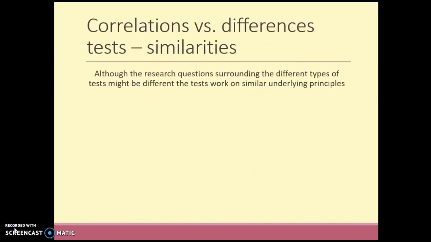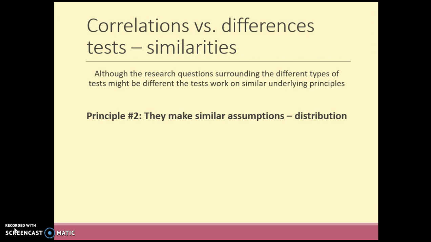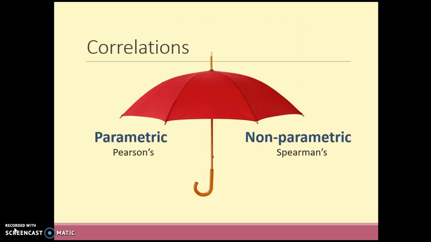The next similarity between the tests that we performed previously using correlations and the tests for differences is that they both make similar assumptions about the distribution of your data in deciding what type of statistical test we might perform, parametric or non-parametric. You'll recall that with the correlation tests, there were two possible tests you could use.